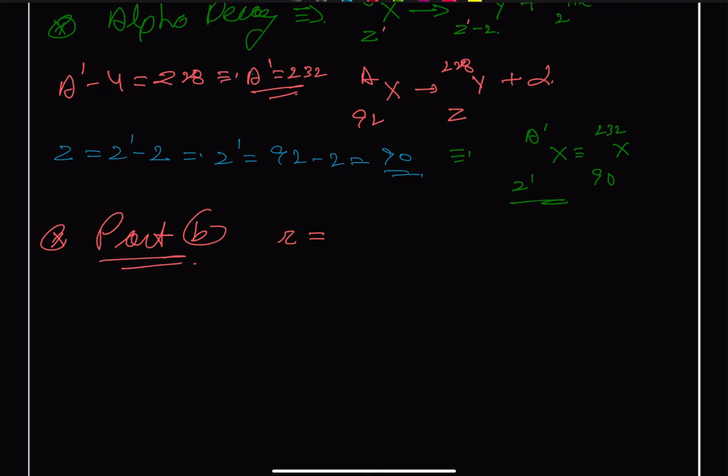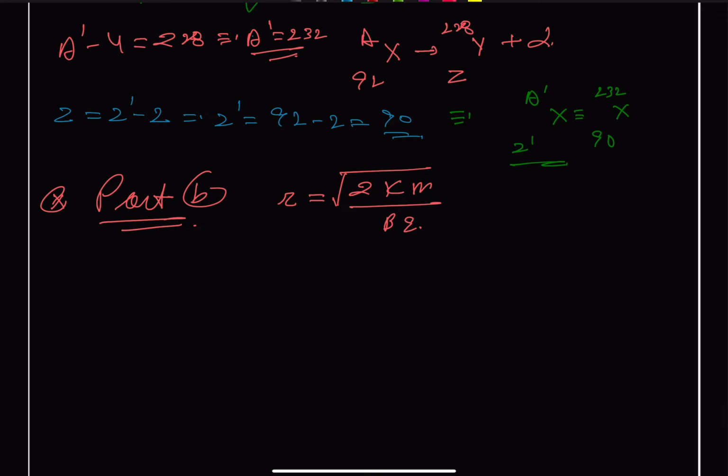So this comes as R is equal to the square root of 2Km divided by B times Q. So we can find out from here the kinetic energy associated with the alpha particle will be equal to R square times B square Q square divided by 2m.